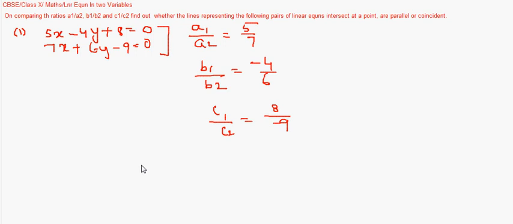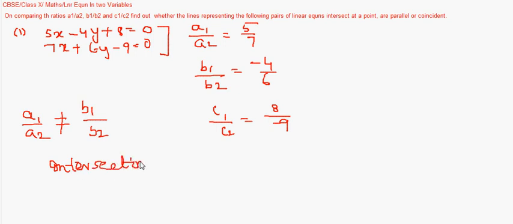So what we have to see is, is a1 by a2 equal to b1 by b2? In our calculation, a1 by a2 was not equal to b1 by b2. That, if you recall, will give us intersecting lines. That means it has exactly one solution, that is the unique solution.